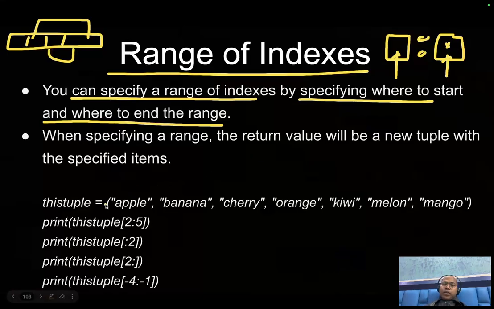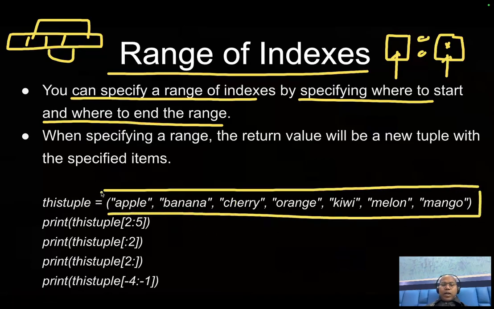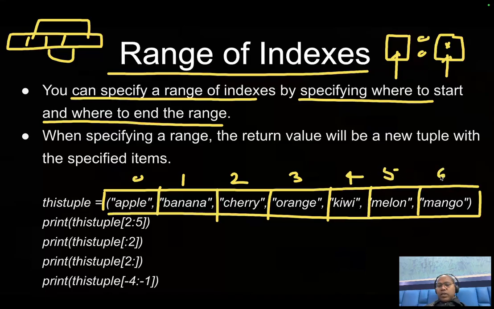So for example, here we have a tuple with one element, two, three, four, five, six elements. The indexes start from 0, 1, 2, 3, 4, 5 and 6. Whenever I want the index range 2 to 5, that means from this element to this element.